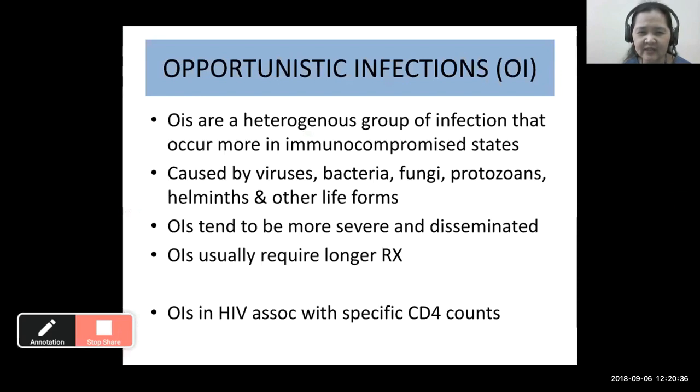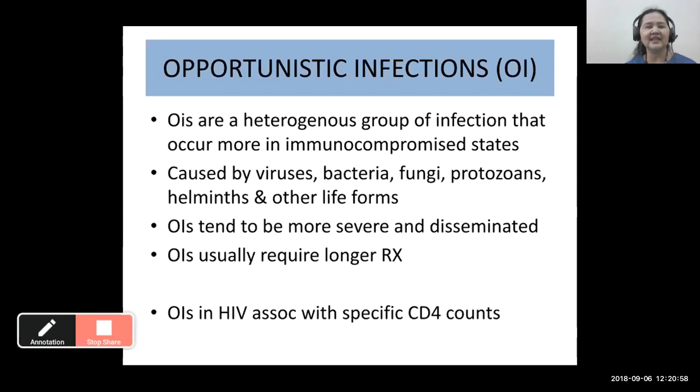We call them OIs. They're really a group from various etiologies: viruses, bacteria, fungi, protozoans, helminths, and even other life forms. No? Because your patients are immunocompromised, OIs tend to be more severe and disseminated.